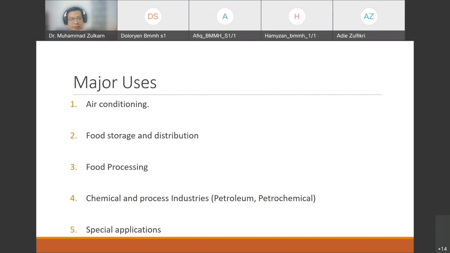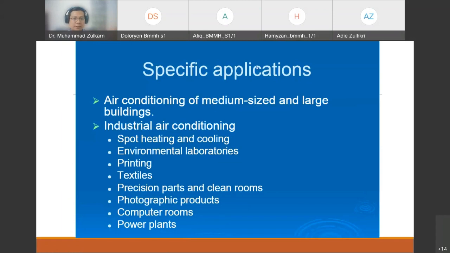Actually the scope of an HVAC project is wide. It's not talking only about a certain area. This one is a specific application, air conditioning, medium size.